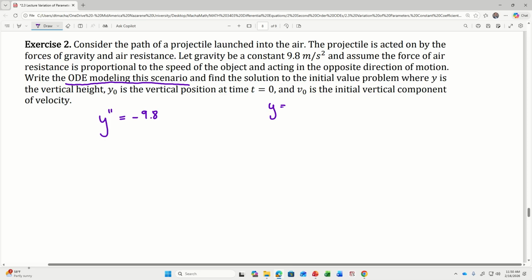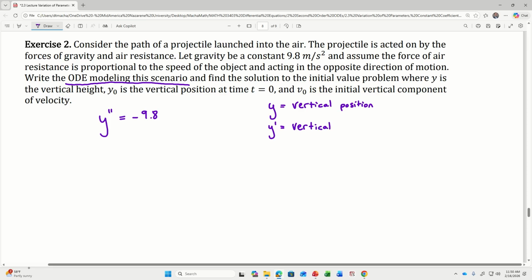Because I'm thinking to myself, if y is vertical position, y prime is the derivative of position with respect to time. So what's y prime? Velocity. Yeah, y prime is going to be the velocity in the vertical direction.